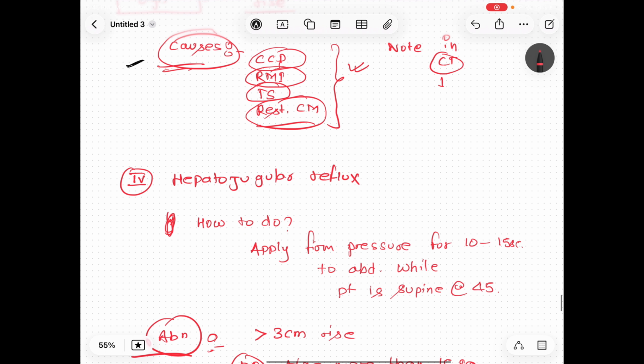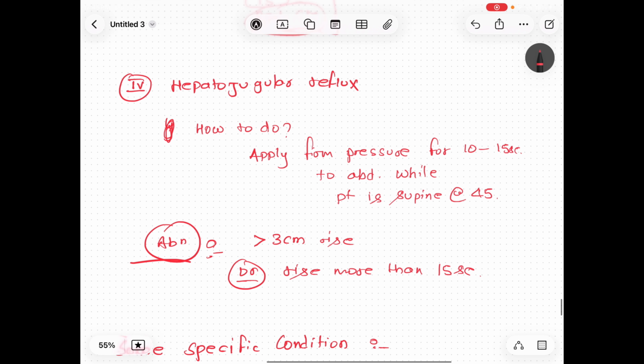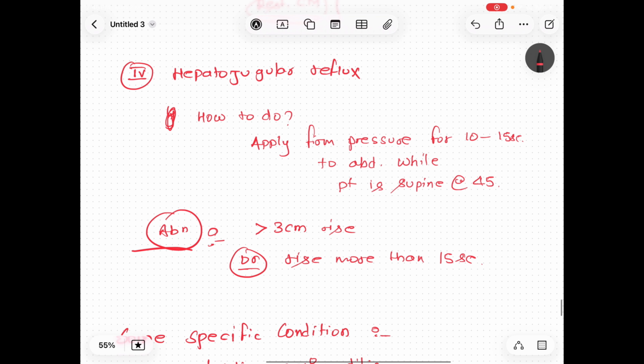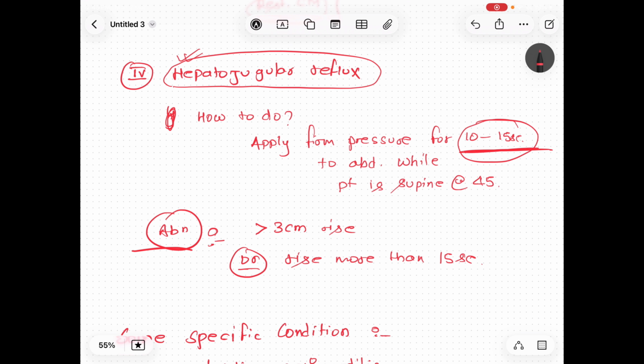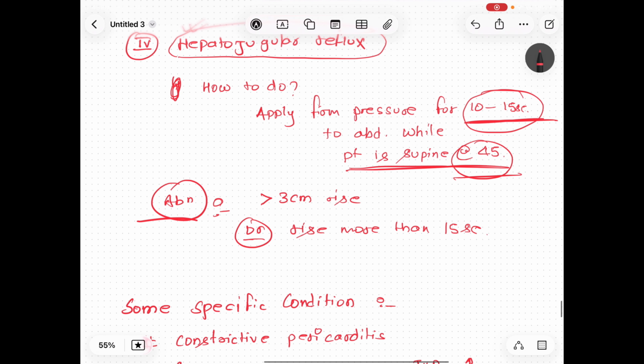Now, after discussing the respiratory variation, we have another one, which is hepatojugular reflex. How do we do it? We apply pressure on the abdomen for 10 to 15 seconds while the patient is in supine position at 45 degrees. How do we define it as abnormal?